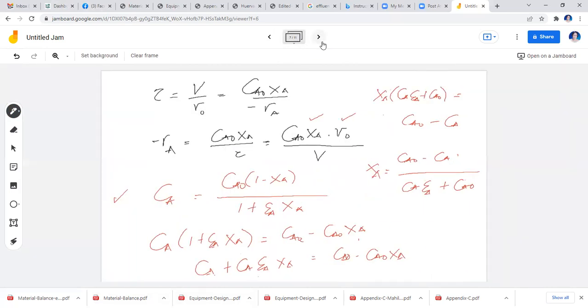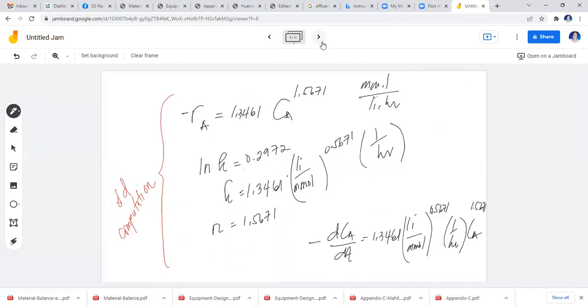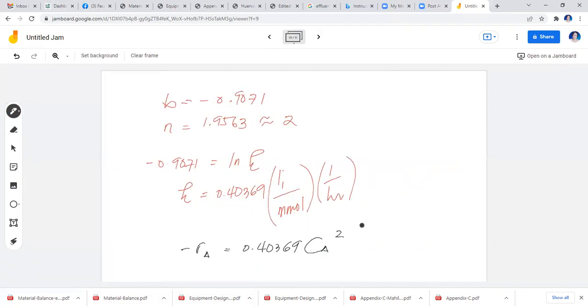Do you have any questions? So this is our rate equation. Or if you'd like to write it in differential equation form, it should be dC_A/dt equals 0.40369 C_A raised to 2. So that's your rate equation.